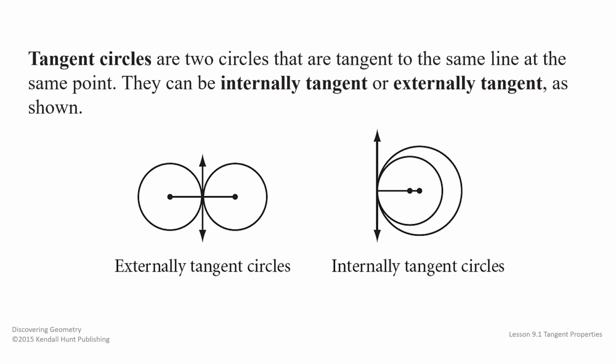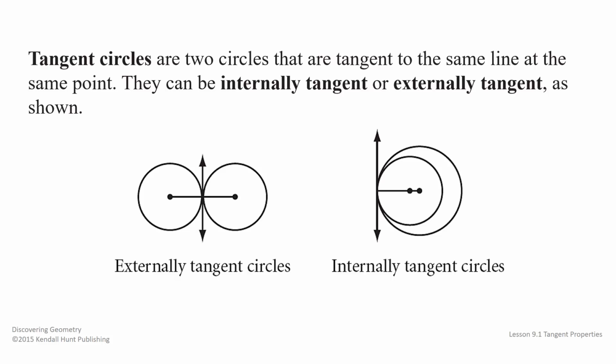In externally tangent circles, there will be two separate radii. In internally tangent circles, we'll have a radius on top of one another. You need to make sure you know the difference between the two. If the radii are on top of one another, that might make a difference in terms of how big the radius is. Still, no matter what, all the angles of the tangents are 90 degrees.